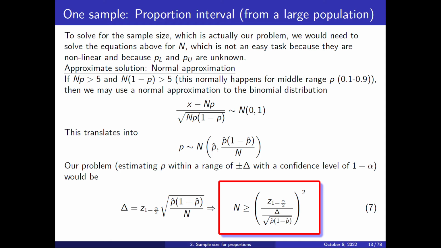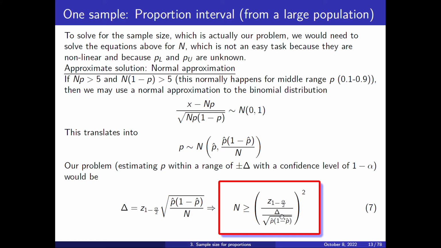Our problem is estimating P such that it is within this range plus minus delta, and then you simply have to solve this equation here. So you have n, and we see the classical result of the Gaussian. It depends on the confidence level, divided by a normalized effect size.